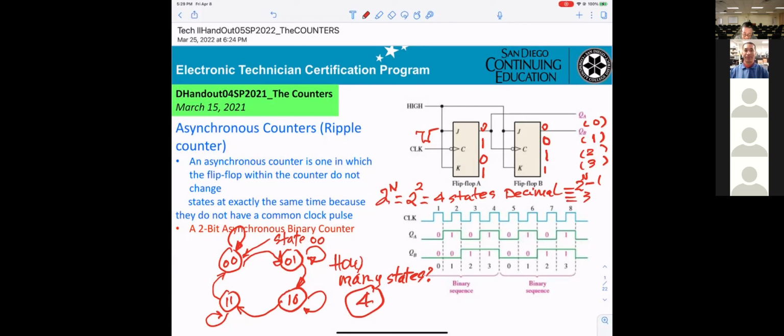And this is the timing. Okay? Timing to show you. This is a clock applied. J and K flip-flop when they tie JK to high. That means the flip-flop only toggle.